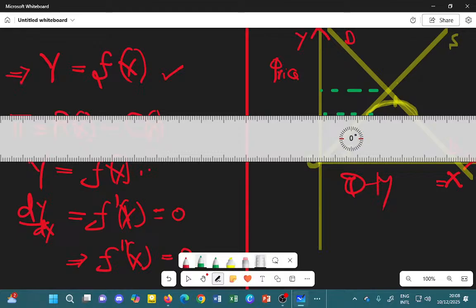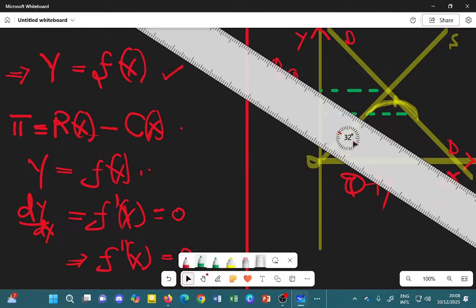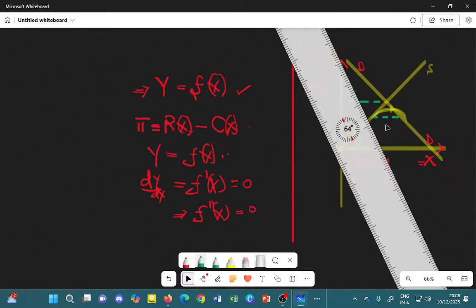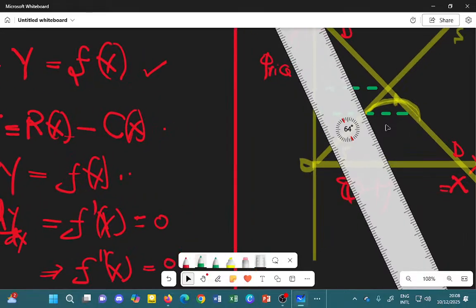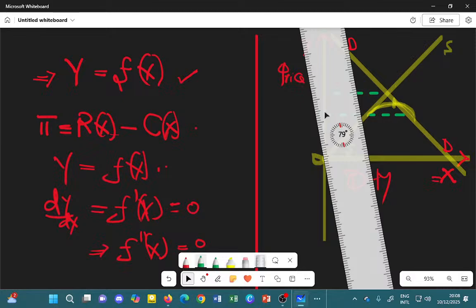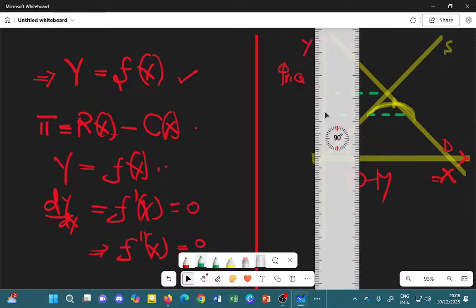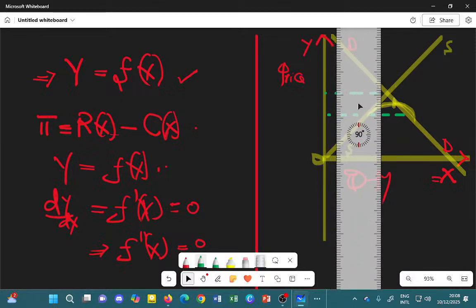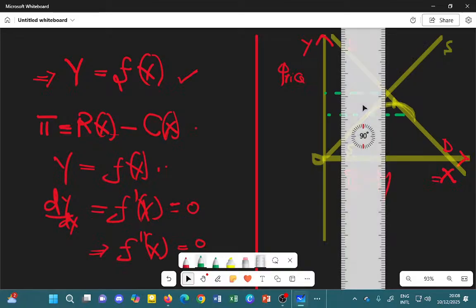Now I want to drop them so that they find the x, or the quantity. It finds the quantity axis. So I will drop this, I will drop that as such.